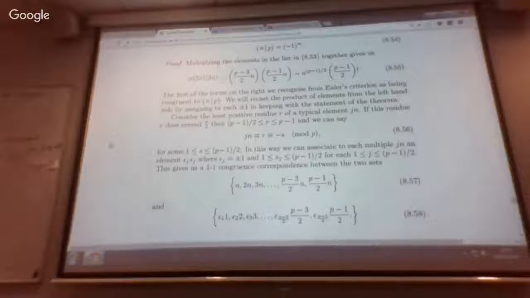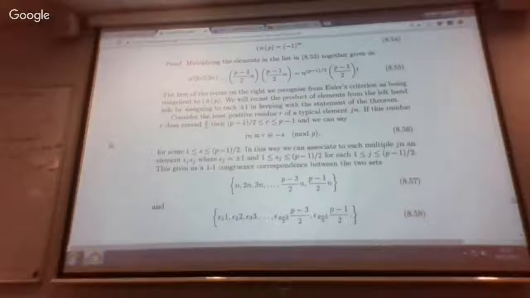But it may be considered with a plus or a minus sign as it needs to be, considering whether this multiple of n lands up here, you get a minus sign to flip it down here, or if jn landed down here to begin with, it just takes a plus.